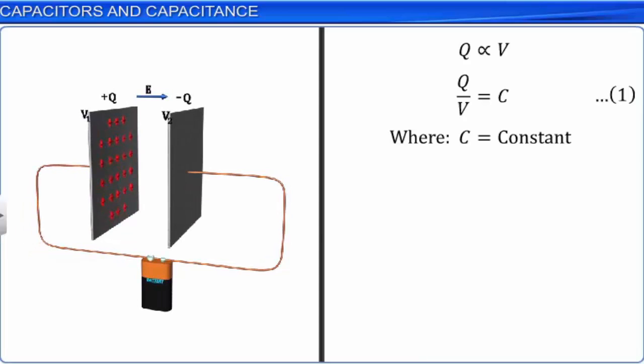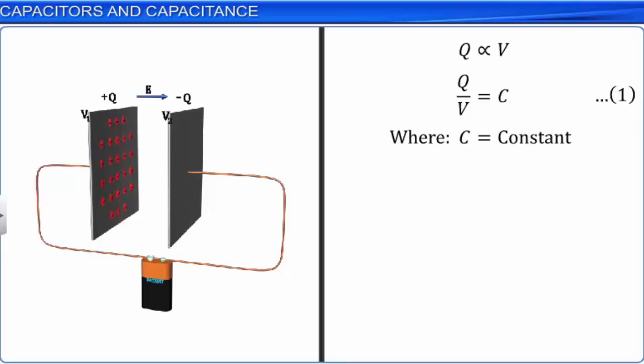It is also referred to as farad, named after the English physicist Michael Faraday. Generally, the submultiple units of capacitance like microfarad, nanofarad, and picofarad are used in practical applications rather than farad, since farad is a measure of higher magnitude.